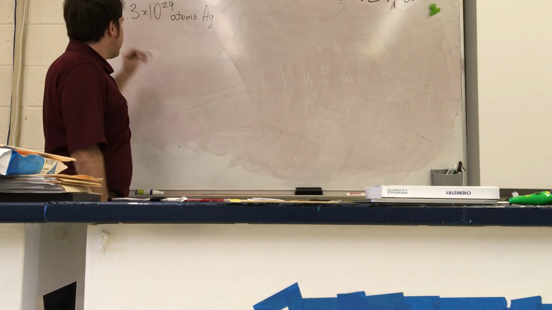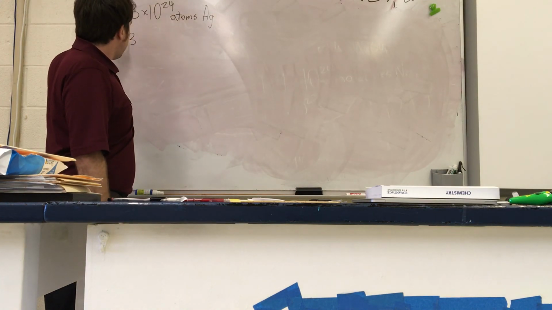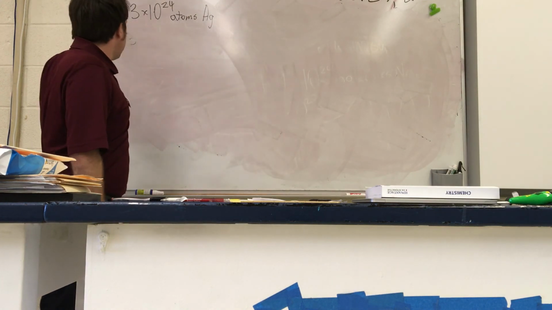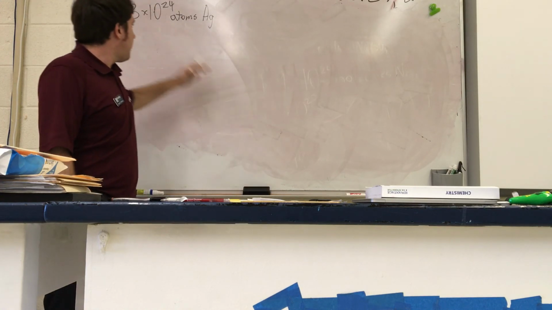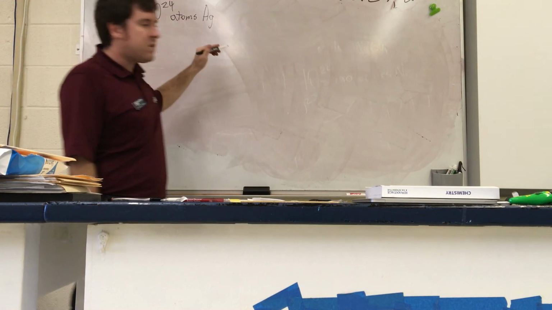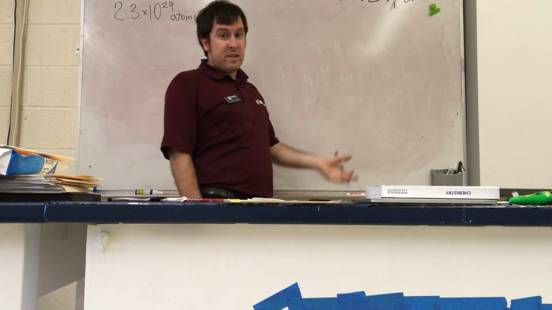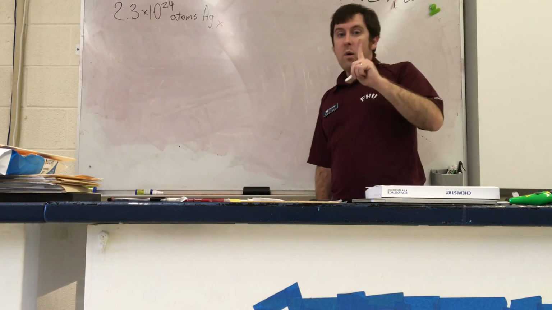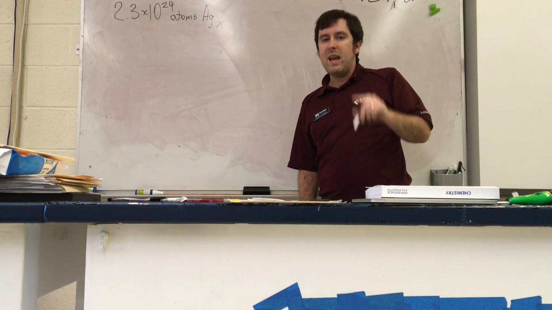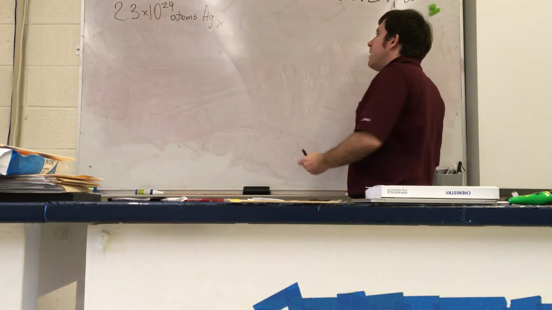Well, let's watch this. I don't need to rewrite it. It's already right here. 2.3 times 10 to the 24th atoms of silver. We're going to multiply like this. We know, based on what we've seen today, that if we're going to moles, 1 mole is the same as Avogadro's number of atoms.